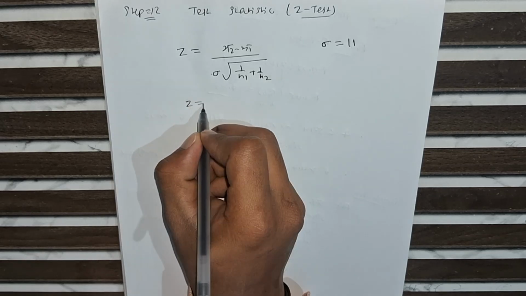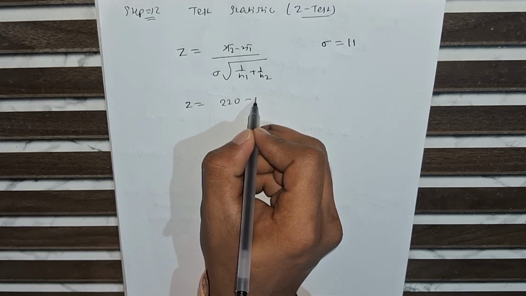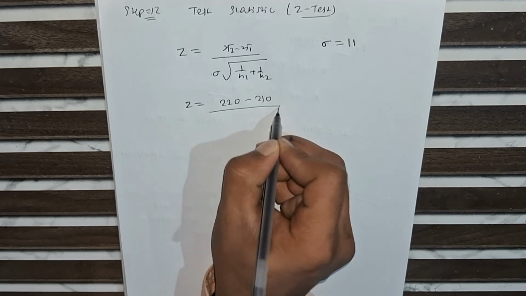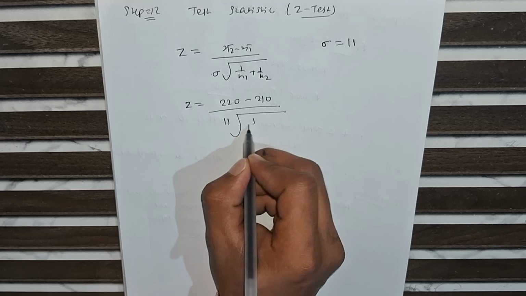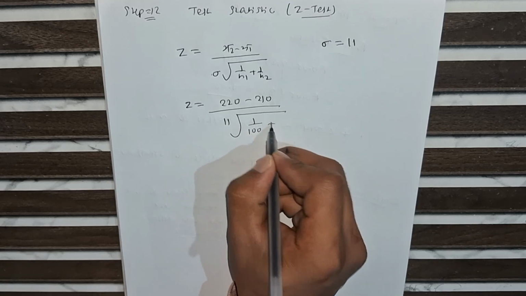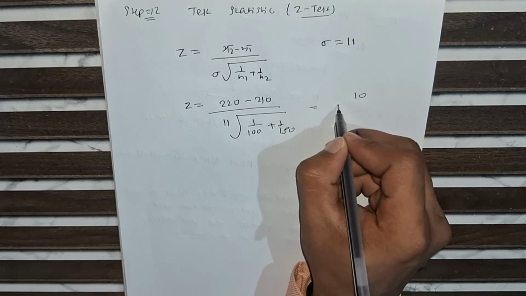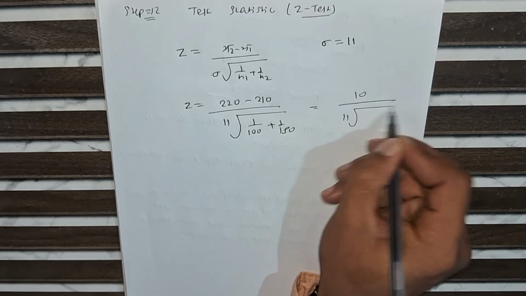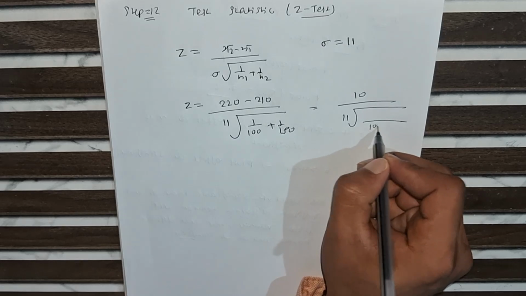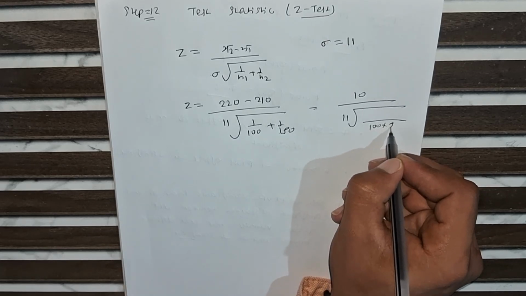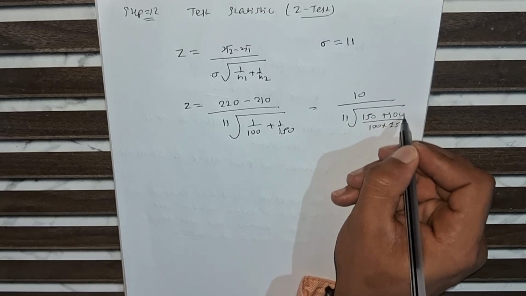Z equals 220, the x2 bar value, minus 210, the x1 bar value, divided by sigma value 11, times the square root of 1 by 100 plus 1 by 150. This is nothing but 10 divided by 11 under root. When you take the LCM, it becomes 100 into 150, so this becomes 150 plus 100.